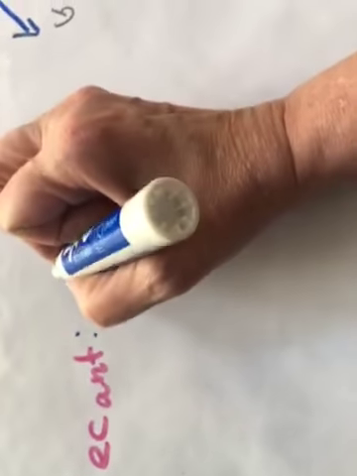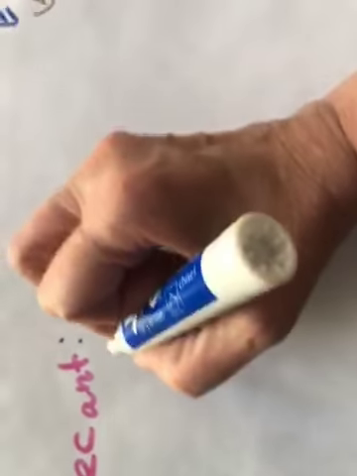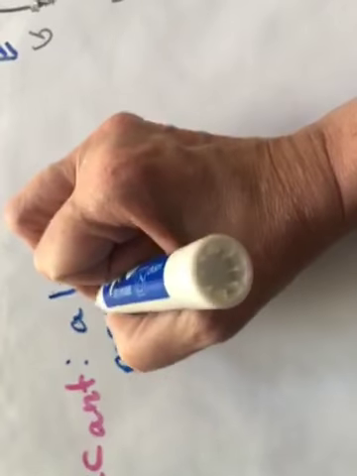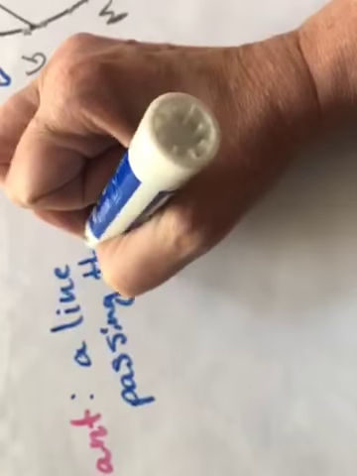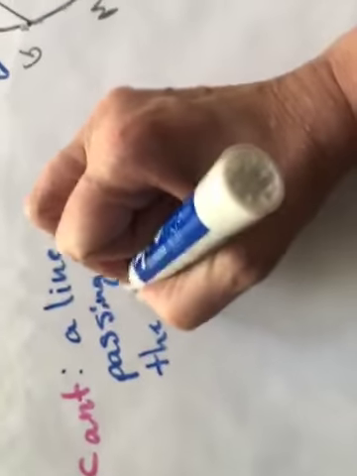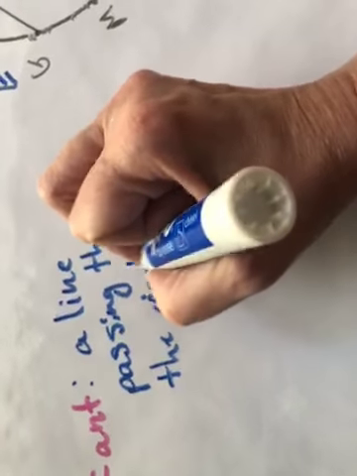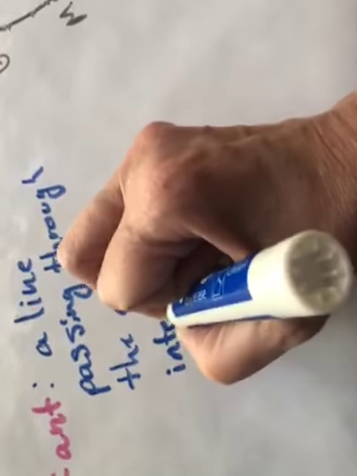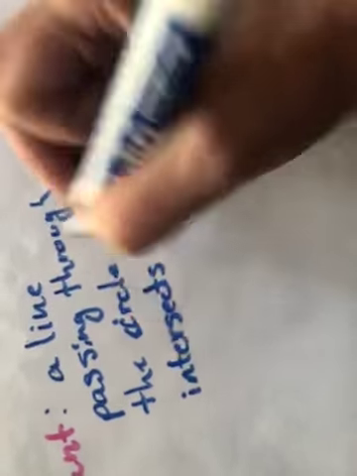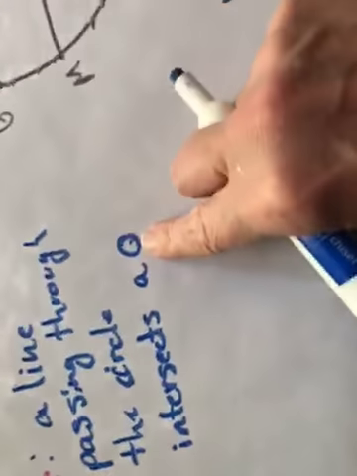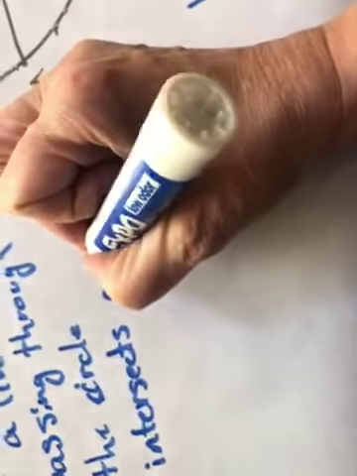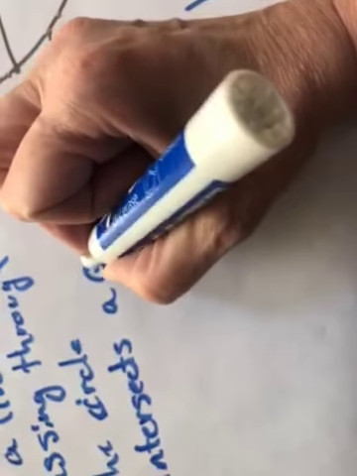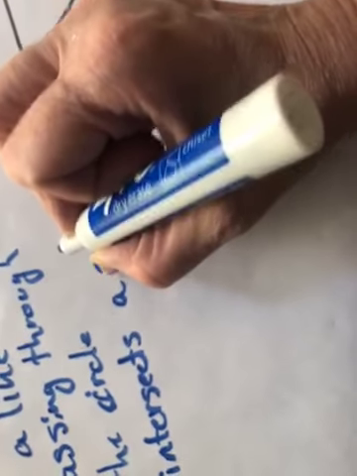So we just say simply secant, a line passing through the circle. Or you can say intersects a circle, circle with a dot in it. That's our abbreviation, our shorthand symbol.